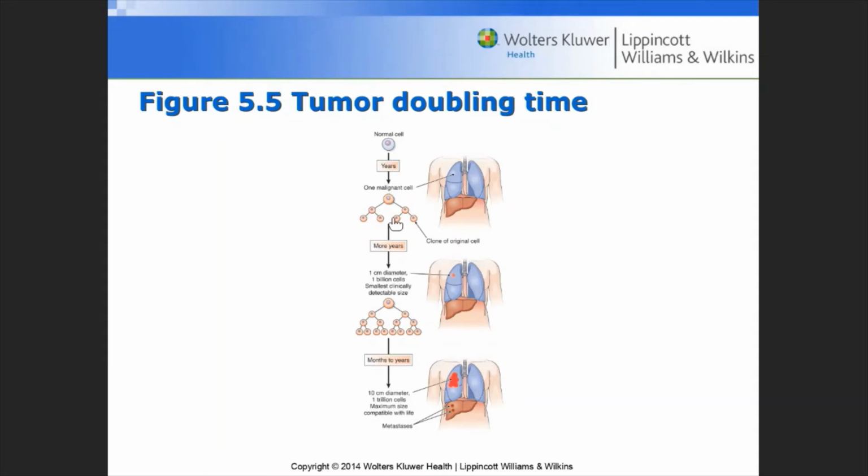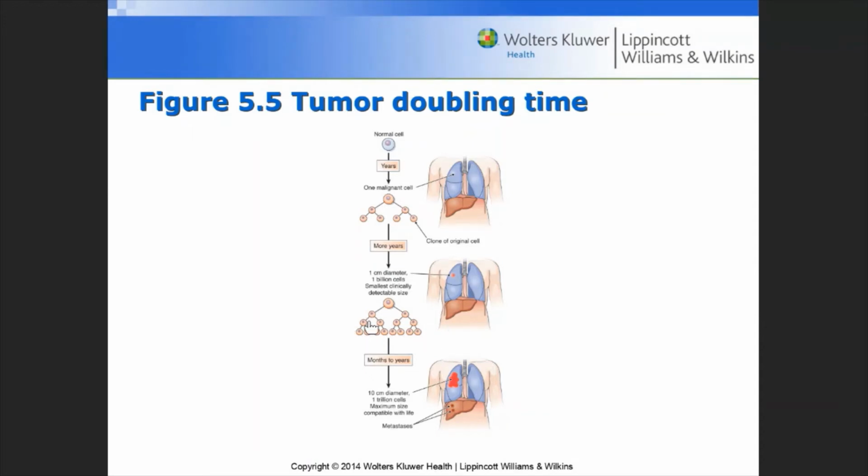All right, doubling time. Here is a normal person, 20 years old, a smoker, a pack of cigarettes every day. You can see the normal cell over time, years, until you have one malignant cell that then divides. Even though it looks like it comes from one, it's changing constantly.